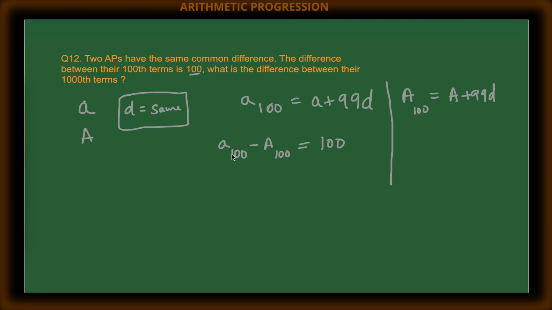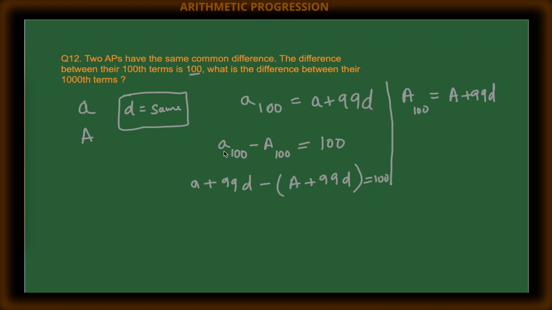a100 means a plus 99d, minus, let's put it in a bracket, capital A plus 99D. Since d is common, we put this equal to 100.